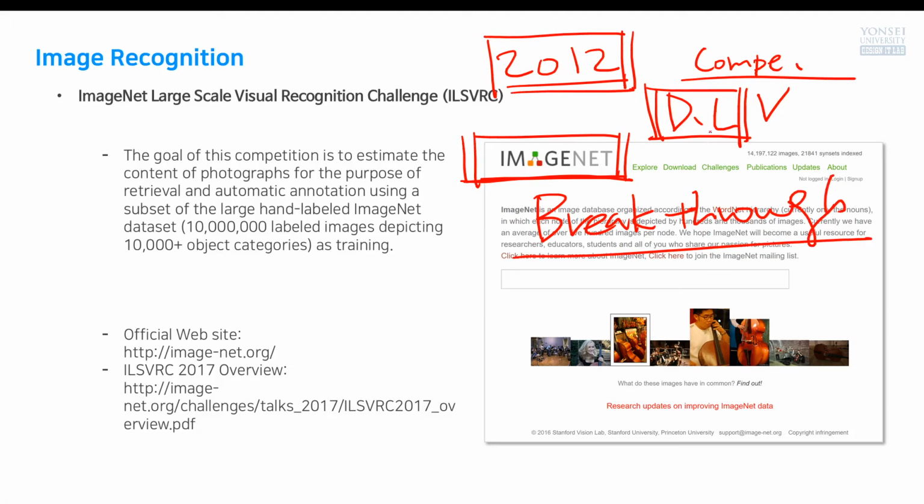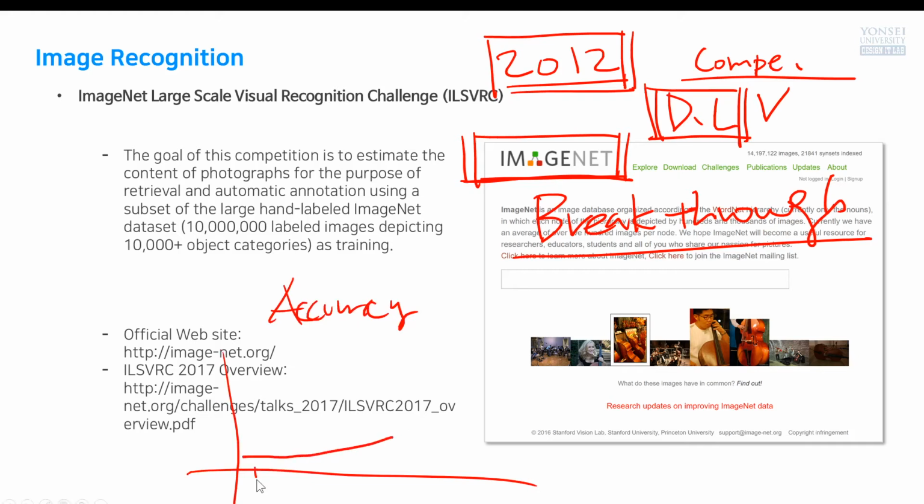Before deep learning, the accuracy, if they draw an accuracy graph, this is the accuracy graph, okay, take a look. This is probably 2009, 2007, 2008, and 2010 and 2011. But in 2012, this dramatically changed this way, going up, okay?